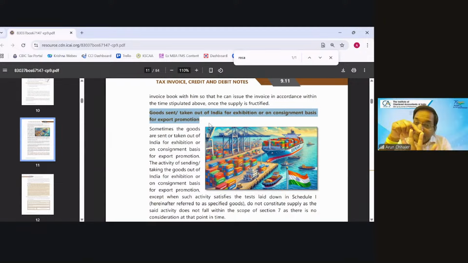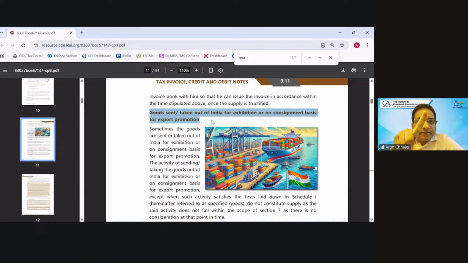Point number 3: for sending the goods, they have linked to Rule 55, which talks about the delivery challan. So for sending the goods out of India, you need to prepare the delivery challan. The circular has given one format which needs to be completed when the goods are being sent out of India and submitted to the customs authority. That is not applicable to you. Only for your knowledge, I told you.